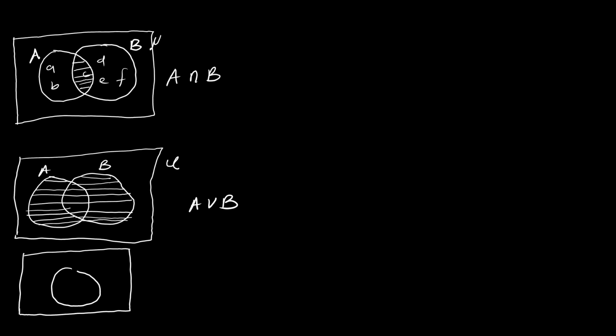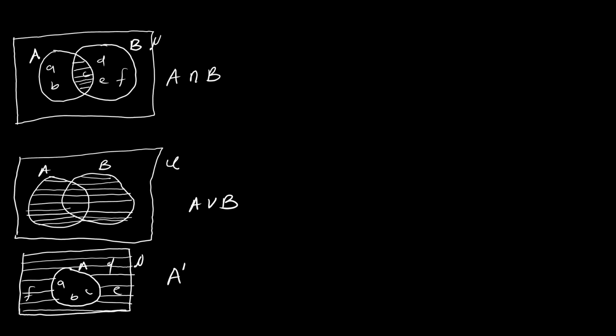Let's look at a single set A. We talk about complement as the elements that are inside the universal set but are not in set A. Since we already have all the elements of set A here, and assuming we have some elements here, which are D, E, and F, these elements are part of the universal set but they are not in set A. So all elements that fall outside of the circle, all the shaded parts, refer to elements that are part of A complement. So this is A complement: all the areas outside the circle.